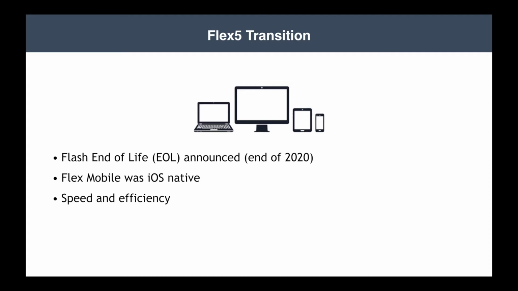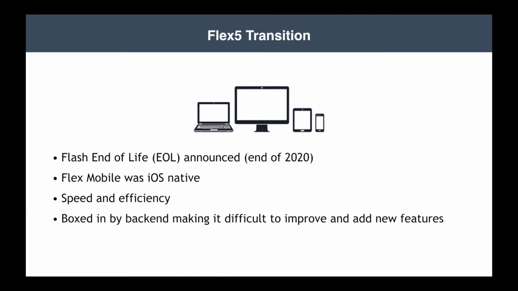Things start getting kind of slow, and that just all has to do with the back end of the Flex4 product. We also were kind of boxed in by the old Flex4 back end, making it difficult to improve on Flex4 and also to add new features. And we just generally needed a UI and user experience update anyway.